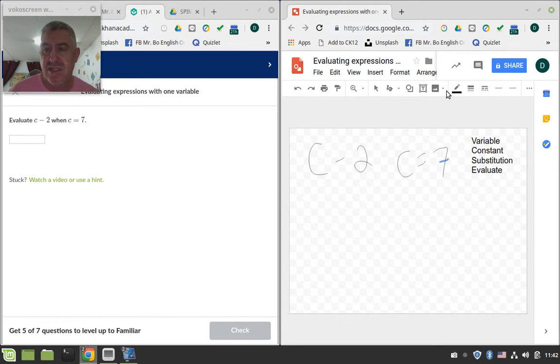That means that for this we need to mark out the c, and we're going to write a 7 in its place. So now we are evaluating the expression 7 minus 2, and 7 minus 2 is equal to 5. So our answer over here is 5.